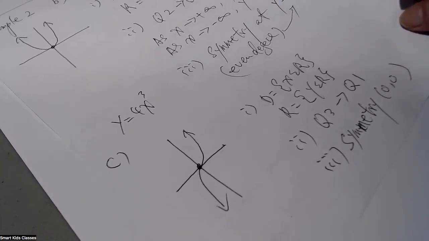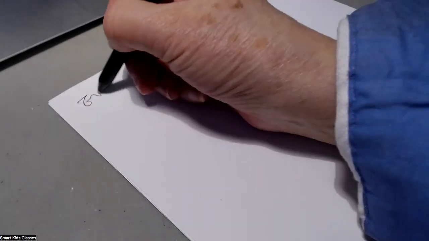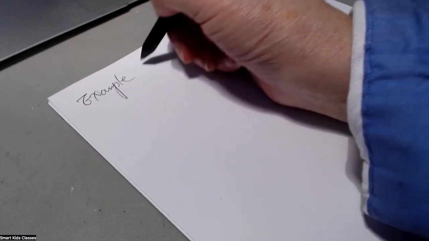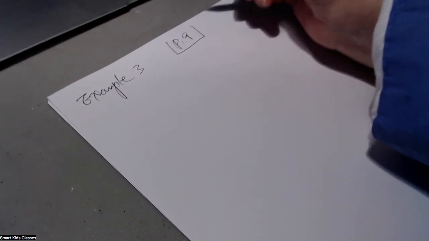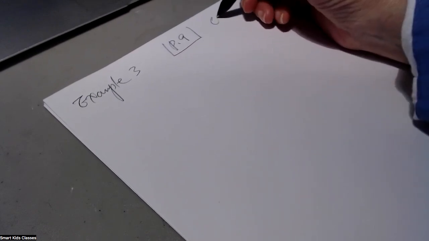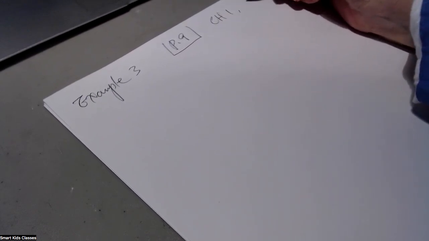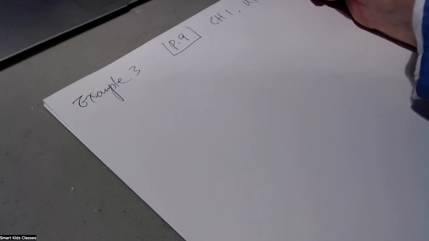So now I'm going to do example 3. Example 3 is on page 9, still for chapter 1, unit 1.1. It's asking you to describe the end behavior of the power function. So we're going to do the first one.